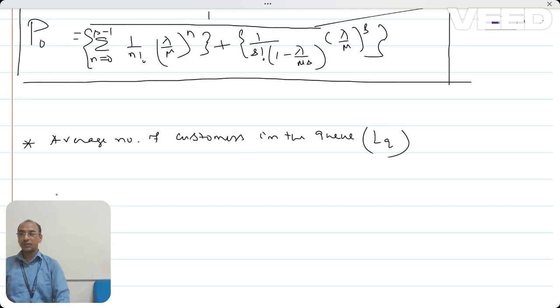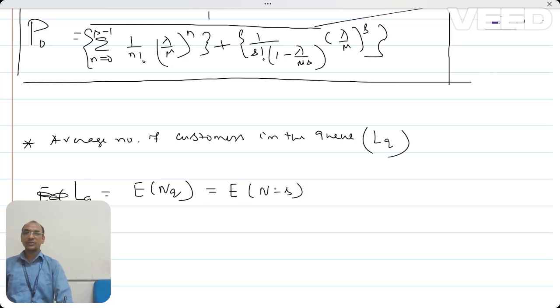So E of LQ is equal to E of NQ, and E of NQ is equivalent to E of N minus s.